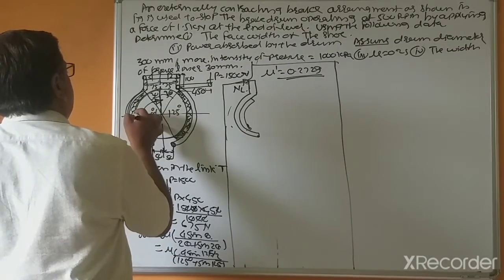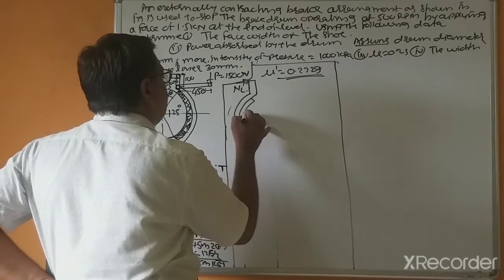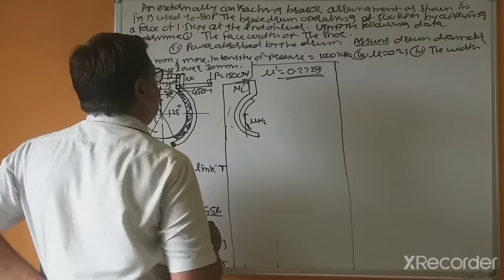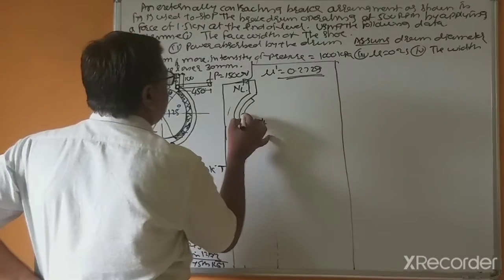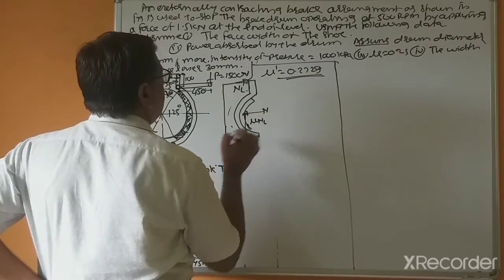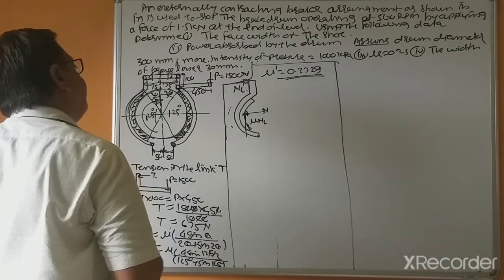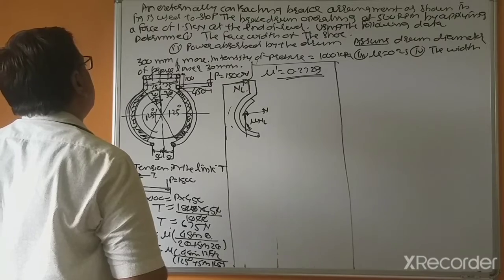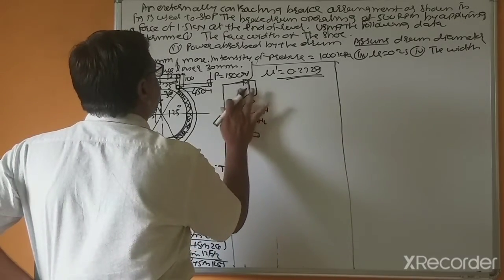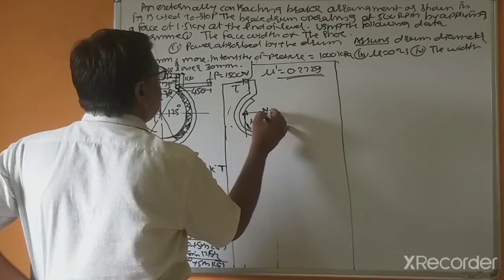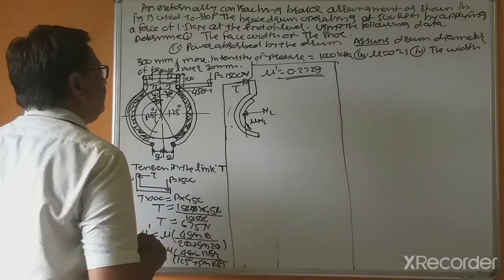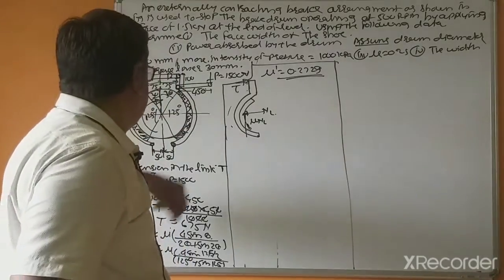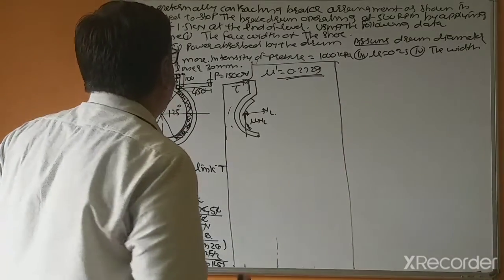here opposite, and this frictional force mu NL into, and this force is the T, and this is NL, all right, because this is T equal to 675.